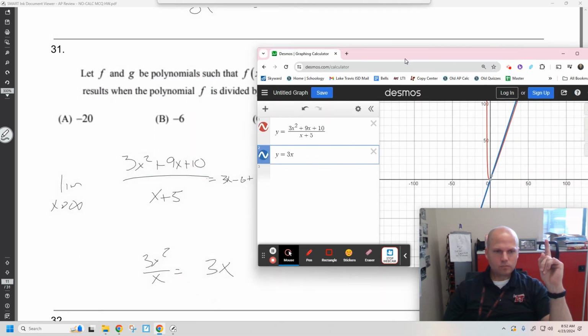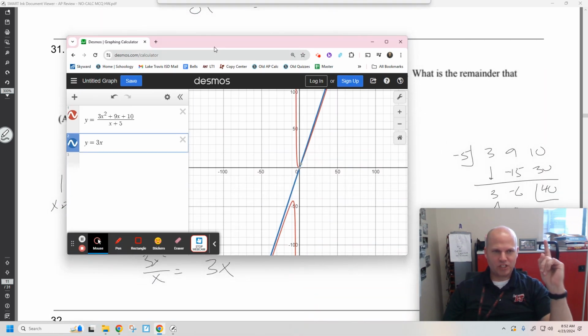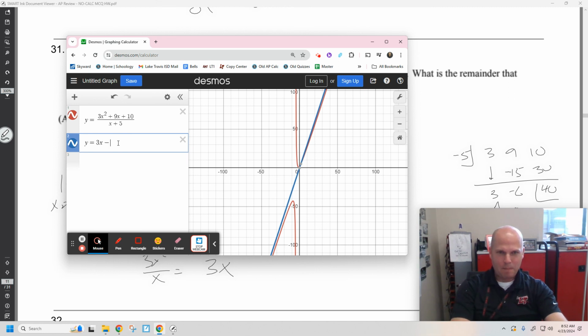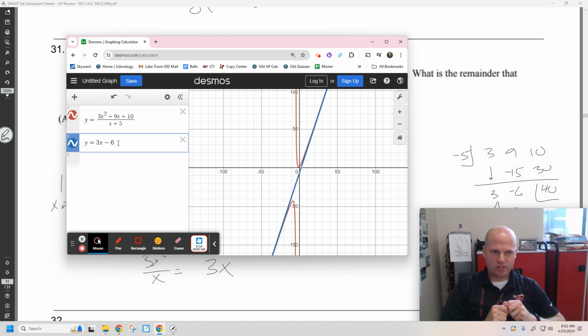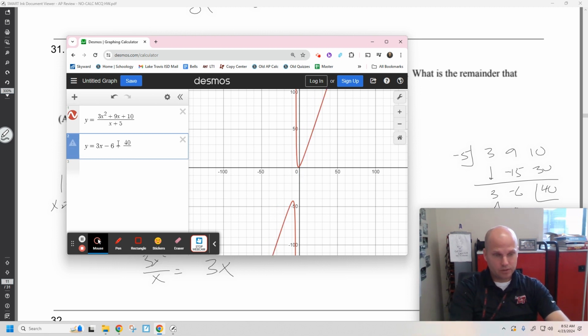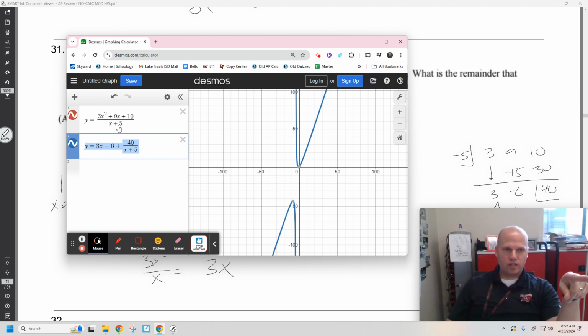But we can see more specifically that 3x minus 6 is dead on with this rational function's end behavior. If we add the remainder, we have the exact same function. We just rewrote it in its equivalent form as a fraction divided together. So this is equivalent to this.